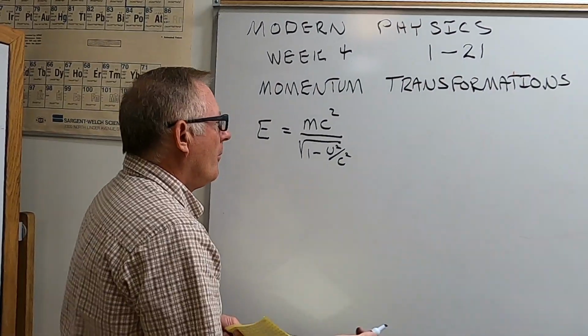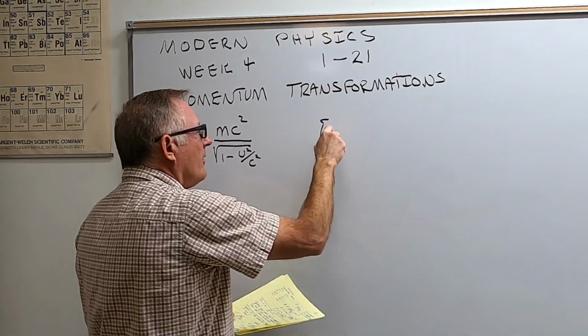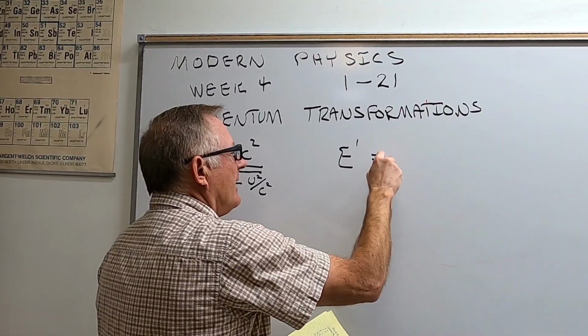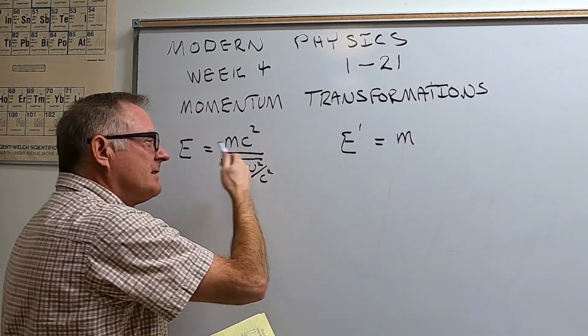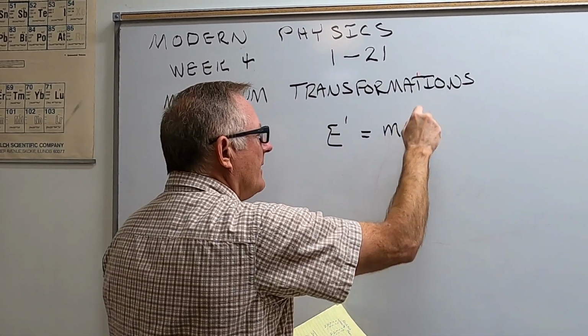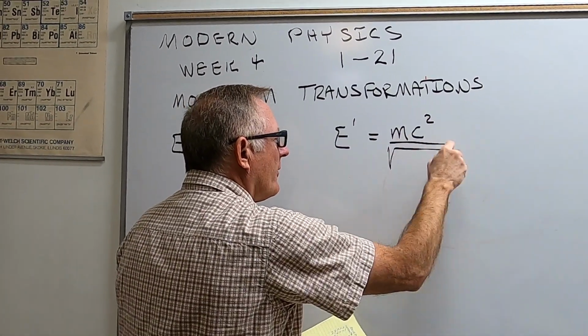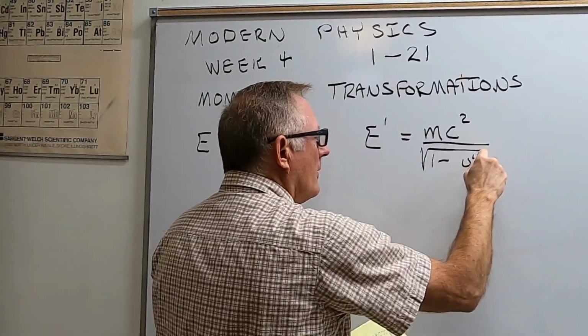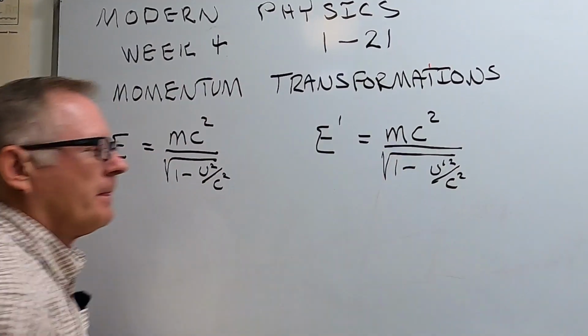But Mary would say, no, E prime, I get a different energy. That's equal to m. M is the same to everyone. C is the same to everyone. All over the square root of 1 minus u prime squared over c squared.